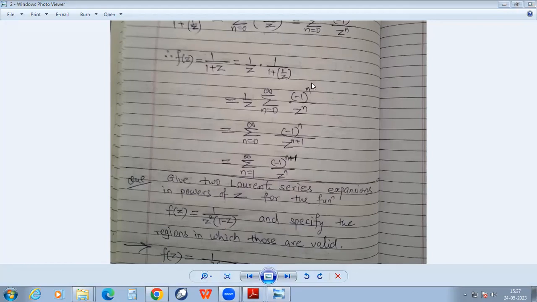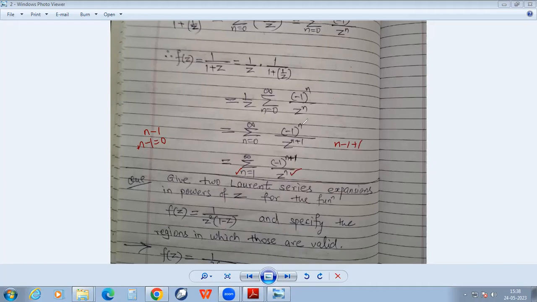If I replace my n by n minus 1, what will happen? Everywhere I'll put n as n minus 1. So naturally n minus 1 equal to 0, so n will begin with 1. If I replace in this place n minus 1, there was plus 1 also, so it will go to z raised to n.